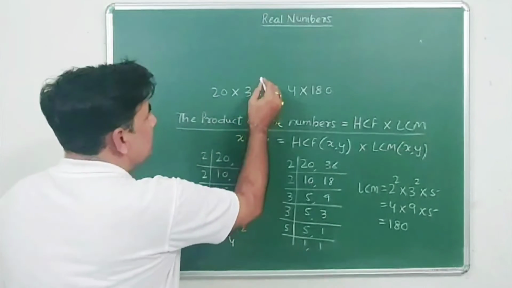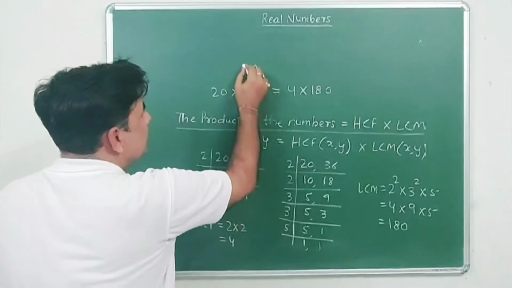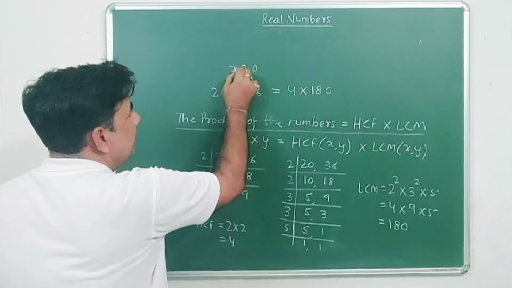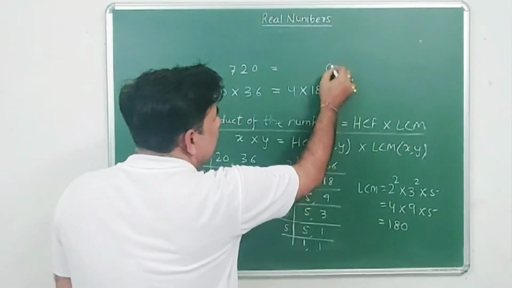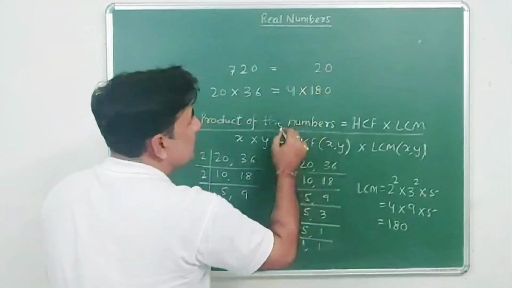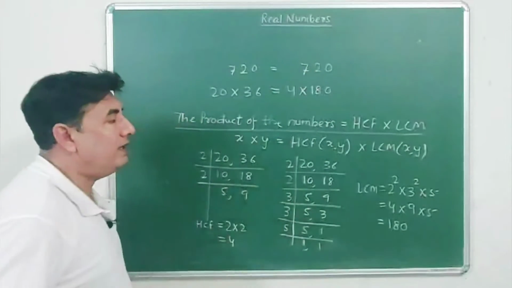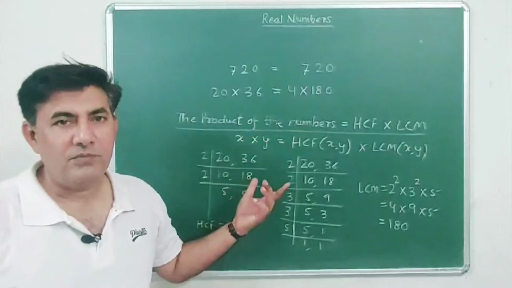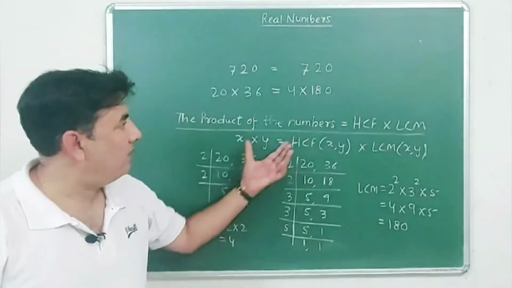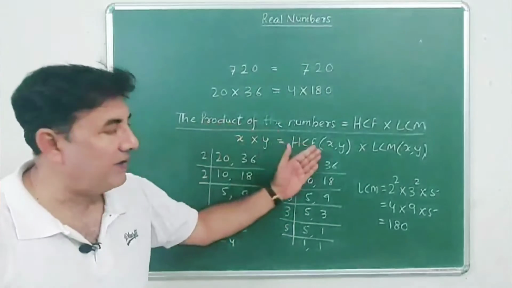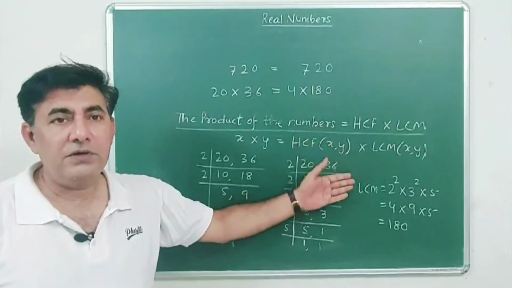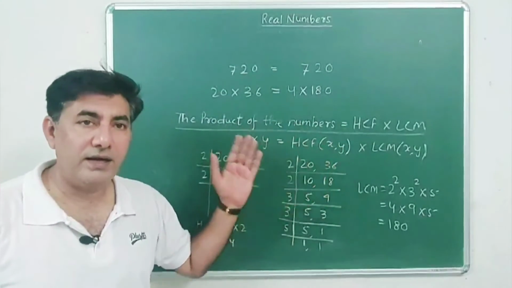When you multiply this, you get 720, and when you multiply this, you get 4 8s are 32 and 720. So it is exactly the same. So we can prove this theorem, that the product of any two numbers is equal to the product of their LCM and HCF.